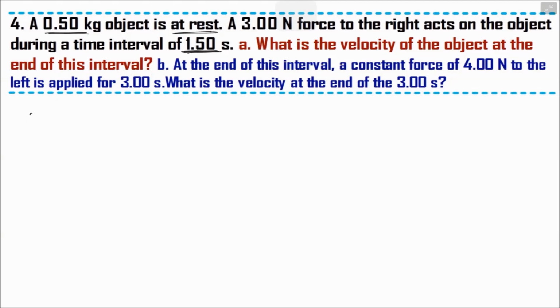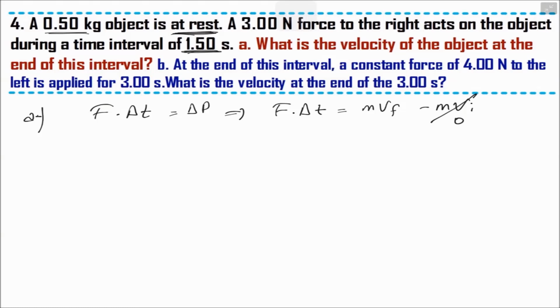So it's asking, if we apply a 3 Newton force for 1.5 seconds, what is the velocity after 1.5 seconds? So we are going to use the momentum impulse theorem. F times delta T equals delta P. So F times delta T equals m times V final minus m times V initial. And here it says the object is at rest initially, so initial velocity is 0.